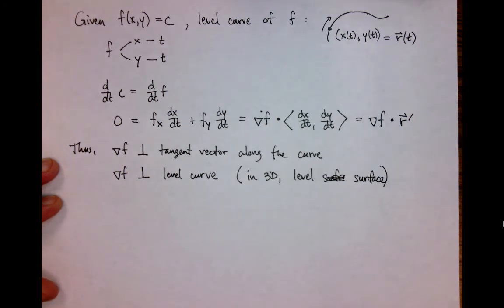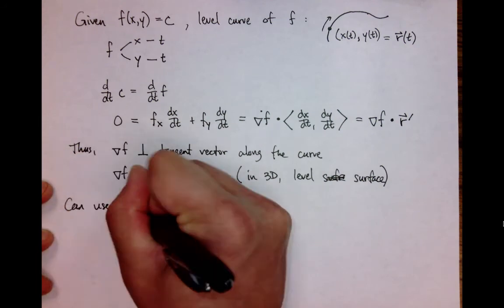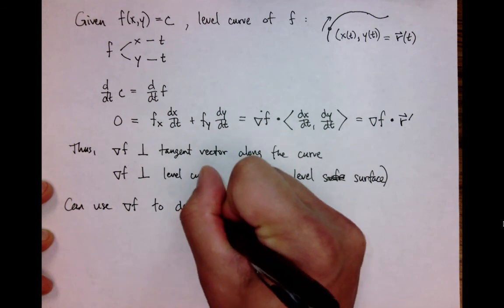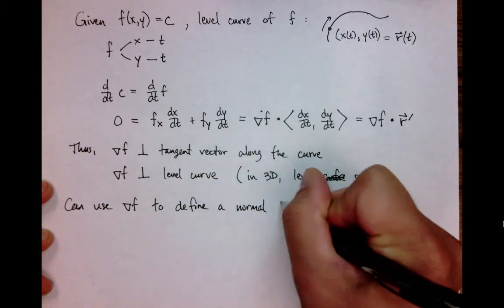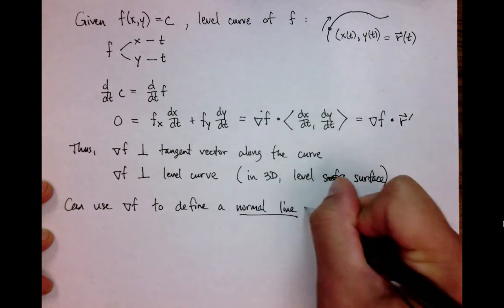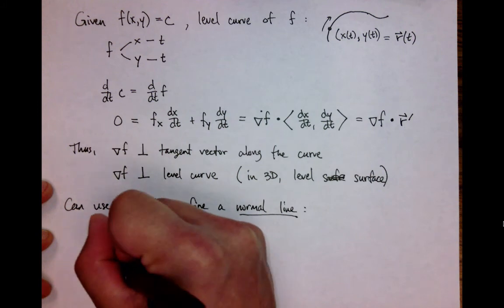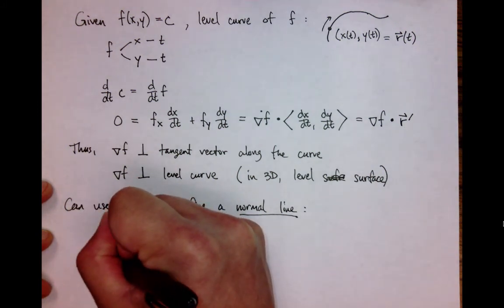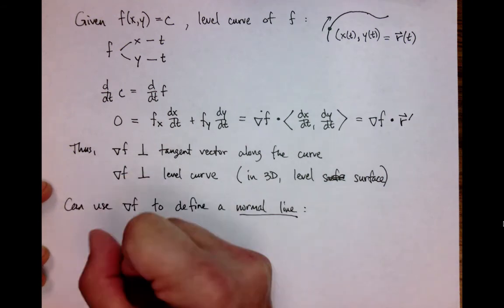So what we can do is use the gradient to define a normal line. If we have our level curve and some point, then the gradient tells us the normal direction, and we have the point, so we can find the normal line.